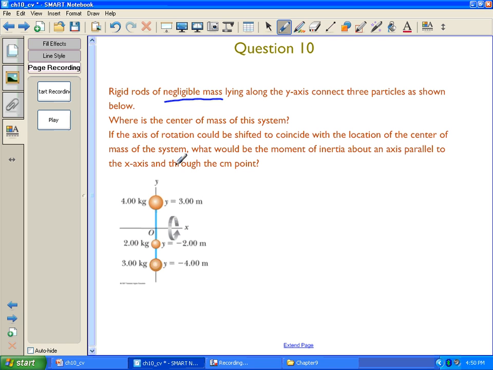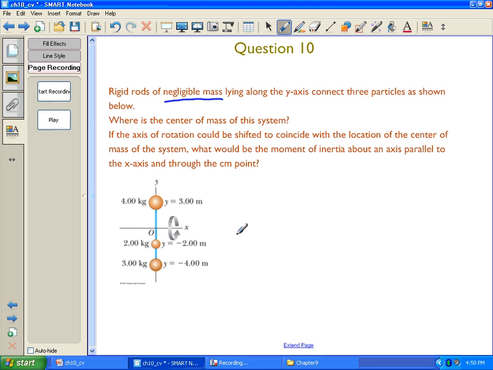And if you could shift the axis of rotation to coincide with the location of the center of mass, what would be the moment of inertia about an axis that runs through the center of mass and parallel to the x-axis? Well, let's tackle the first question, which is to determine the location of the center of mass.